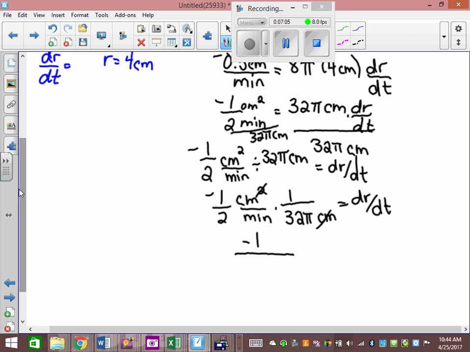Centimeters on the top. 2 times 32 pi is just 64 pi. Minutes on the bottom. So negative 1 over 64 pi centimeters per minute.